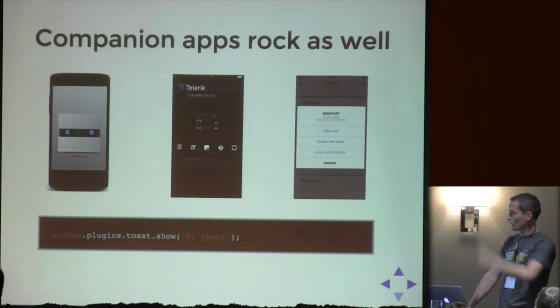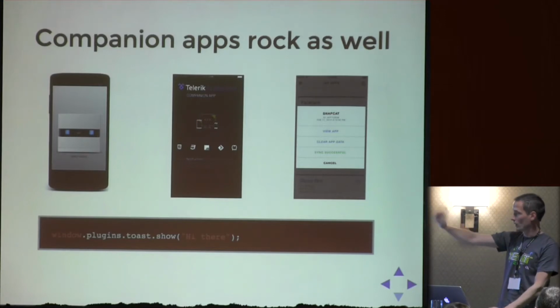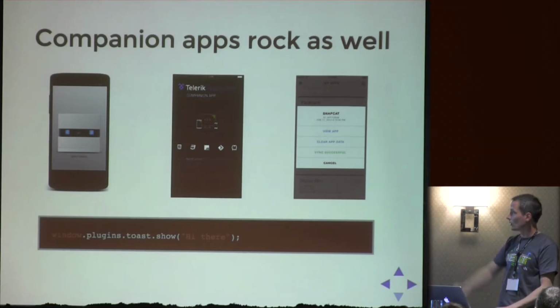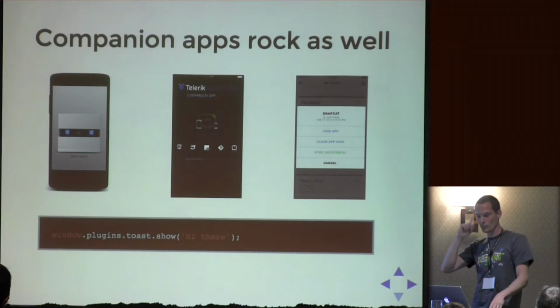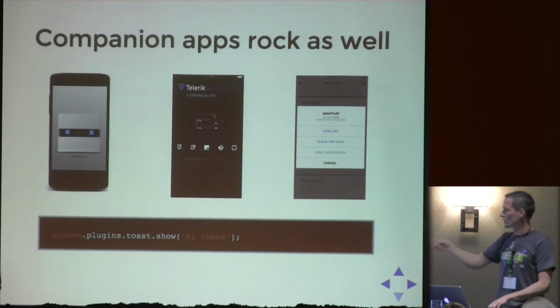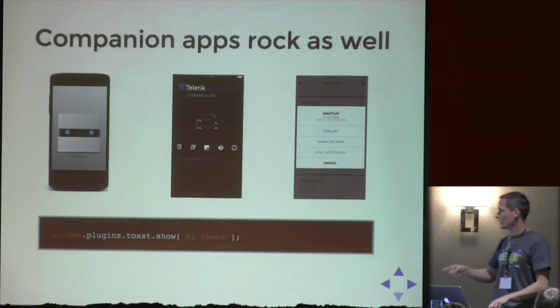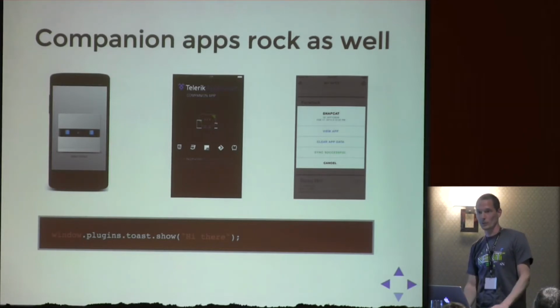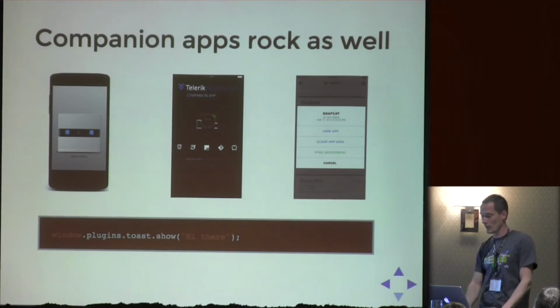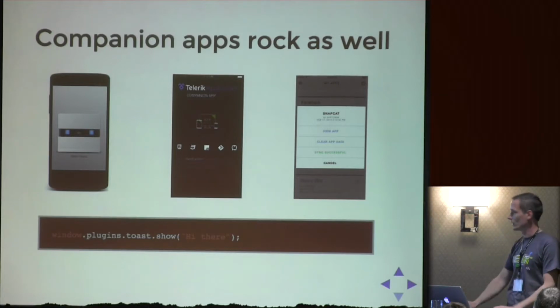So these are 3 companion apps. You have the PhoneGap developer app on the left, the Telerik Cordova developer companion app in the middle. And I learned today that the TelerikNEXT companion app actually supports all plugins, because, well, there are no plugins. You can call into native code all you like, so that's a plus for NativeScript there.